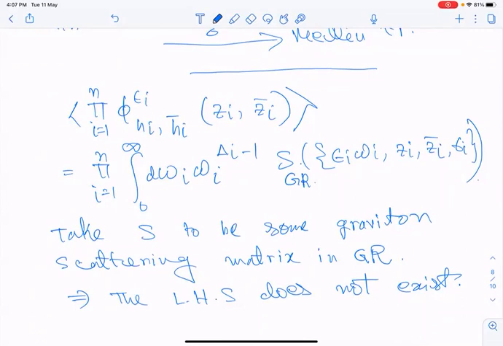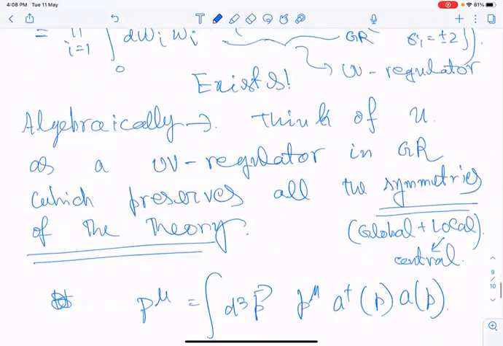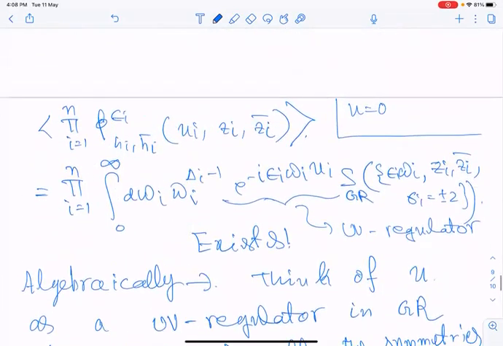And in the next page, when you say that this exists, it's because of this. This exponential factor actually acts as a damping factor, in the sense of the Riemann-Lebesgue integral.